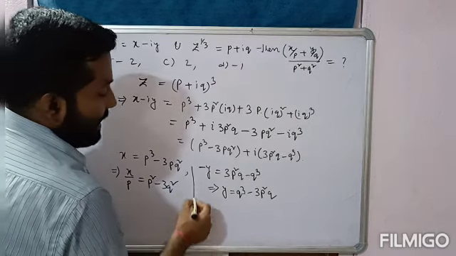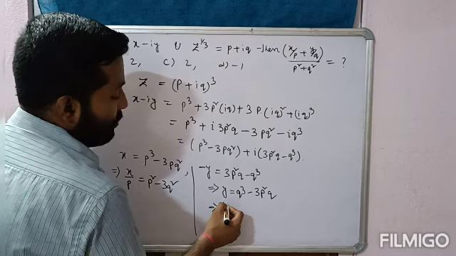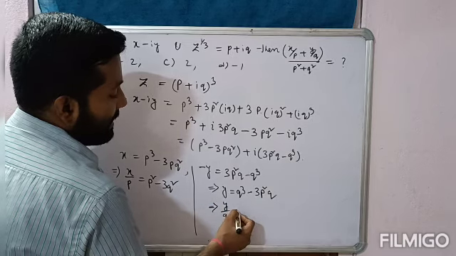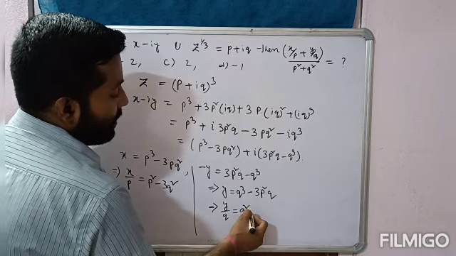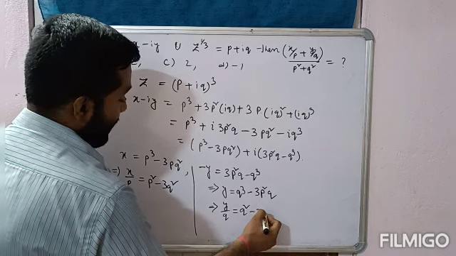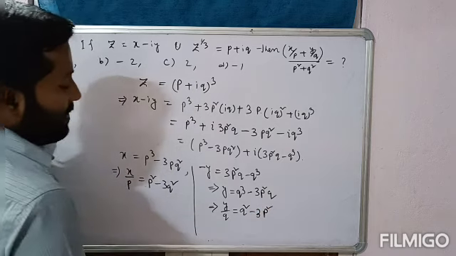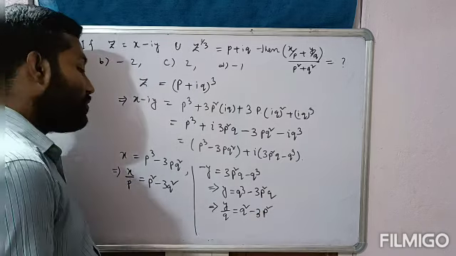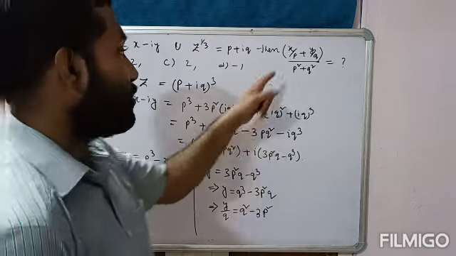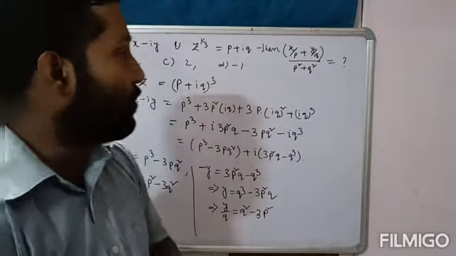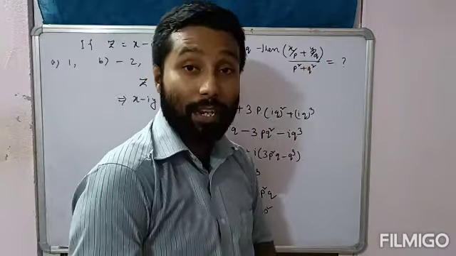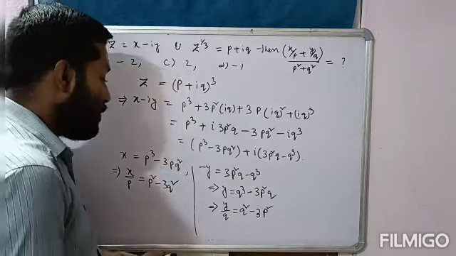Similarly, from the second equation, if I take q common, this can be written as y by q is equal to q square minus 3p square. Okay, so now we know the values of x by p and y by q.